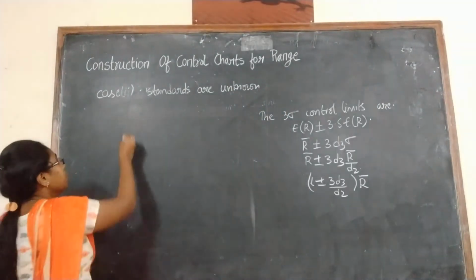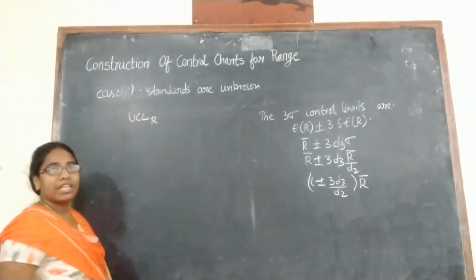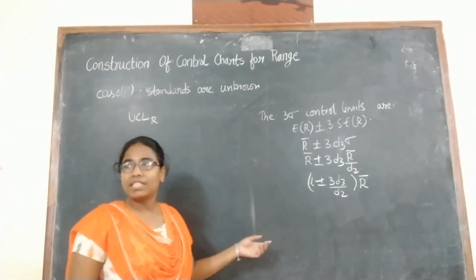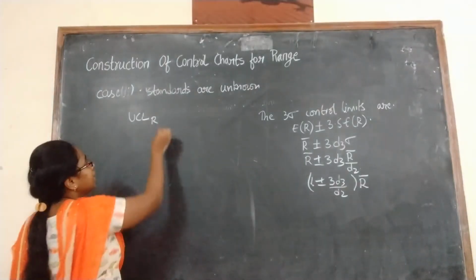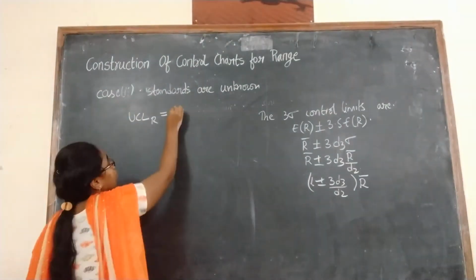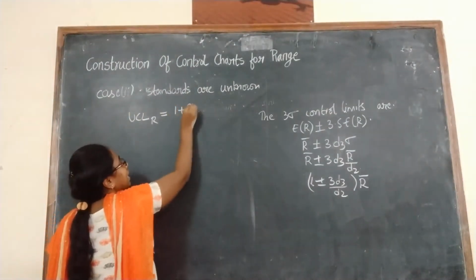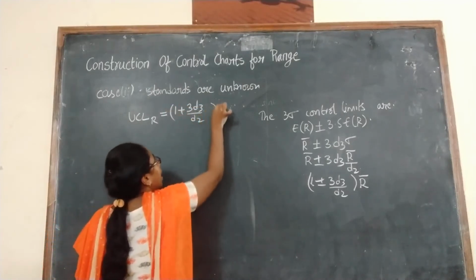What is the UCL? If you consider the plus sign, you will get the UCL. If you consider the minus sign, you will get the LCL value. So first consider the UCL value: UCL equals 1 plus 3D3 by D2 into R bar.